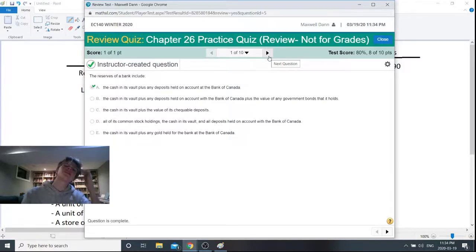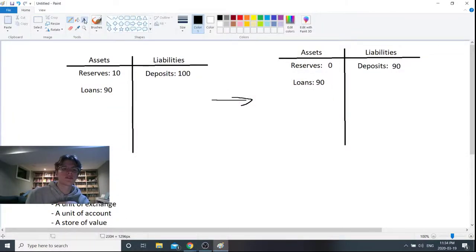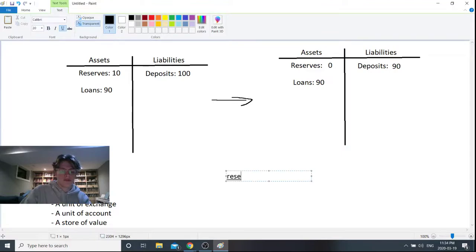And the amount that they loan out, each bank has a target reserve ratio that is set by the Bank of Canada. How reserve ratios work is our reserve ratio is equal to reserves over deposits.